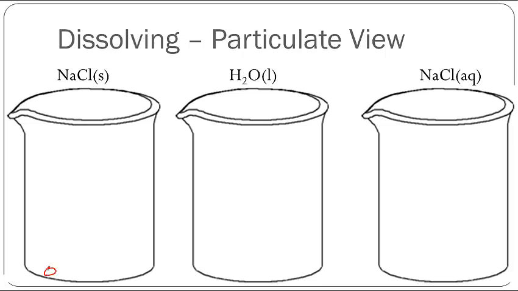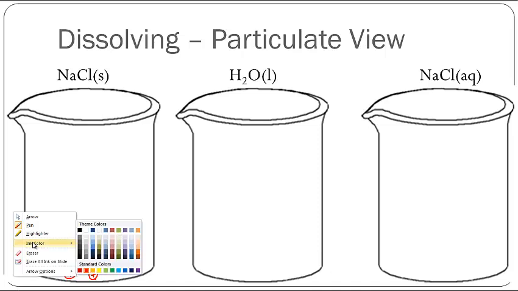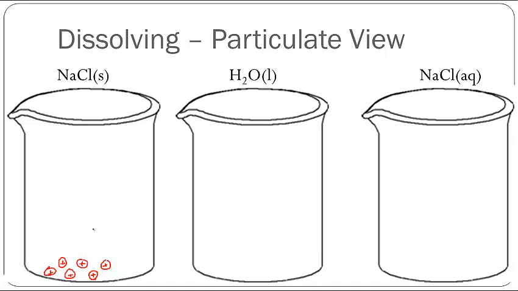So I'm just going to go plus, minus, plus, minus. Now I think there was a question on the AP exam last year about the relative size of these ions. I have not drawn them to scale.